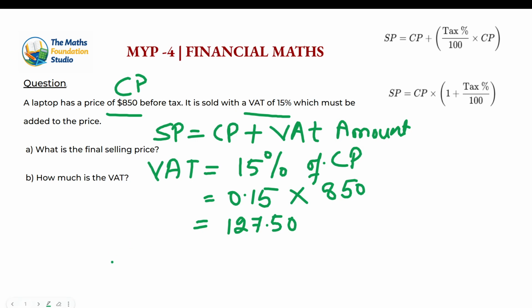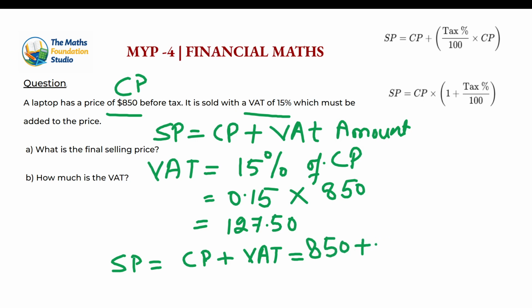Now let's try to find the selling price of this laptop. It will be cost price plus VAT, that is 850 plus 127.5, which comes out to be $977.5. Hence, this is the answer.